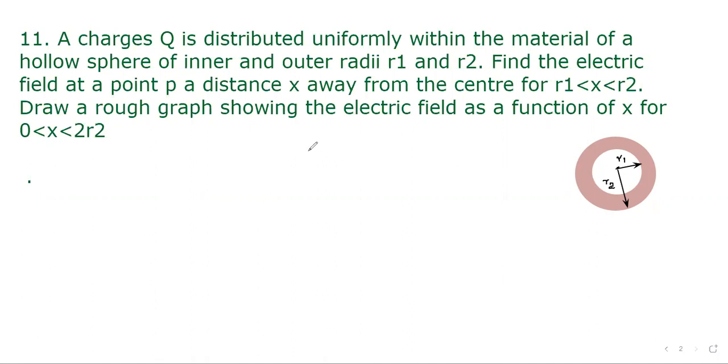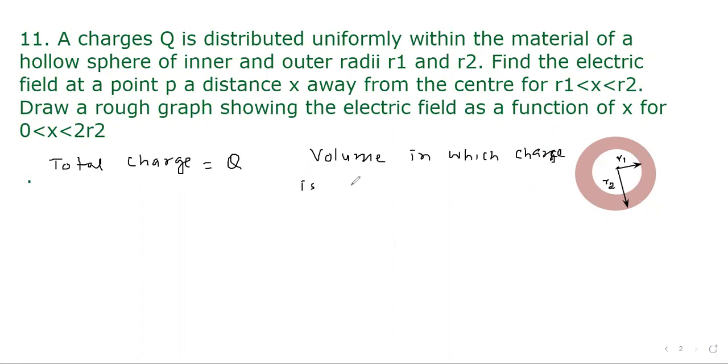So we can write here total charge is Q, and the volume in which this charge is distributed is 4 by 3 pi (R2 cube minus R1 cube). Now, volume charge density.